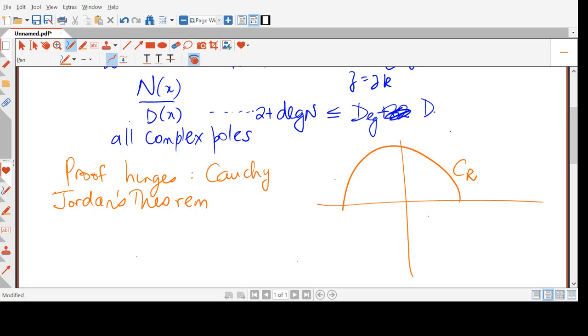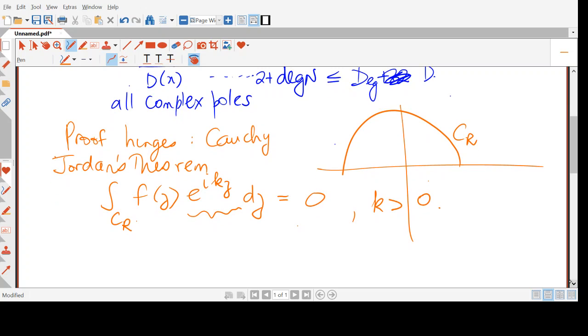So according to Jordan's theorem, the integral of f of z e to the i k z dz on CR, the semicircle, is 0. Notice this part here. That's a very important part of Jordan's theorem. And here, of course, k more than 0 is demanded.